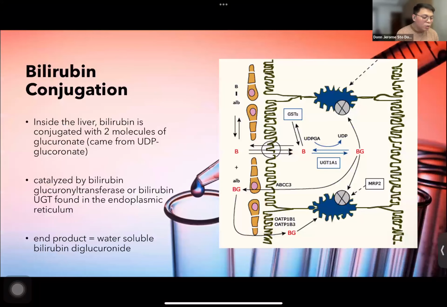Let's proceed. So what happens inside the hepatocyte is that the bilirubin would undergo 2 rounds of glucuronidation using UDP glucuronate or UDP glucuronic acid. Being a lipophilic compound, pag kinabitan mo siya ng acid, no, magiging polar na ba siya?